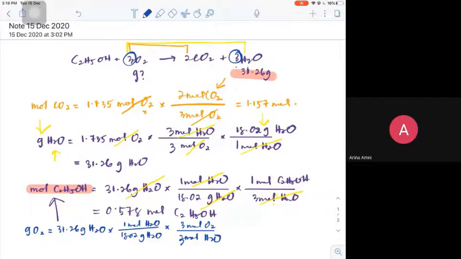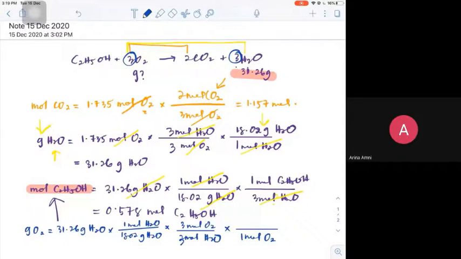Okay, and then Arina, is this the last step? No. Why not? Sebab kita nak mass oksigen, bukan nak mol. So we have to cut mole, right? So how to cut it? Denominator dia 1 mol oksigen dengan mass oksigen.